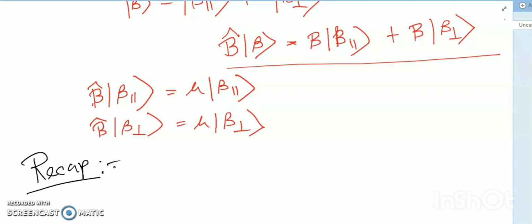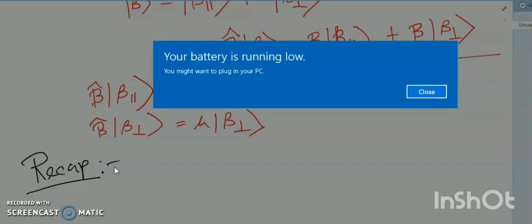Next, we used this to show that the eigenvectors of B must lie either inside the eigenspace or perpendicular to it. Therefore, in order for the eigenvectors of B to span the eigenspace of A, B must have spanning eigenvectors in this same eigenspace.